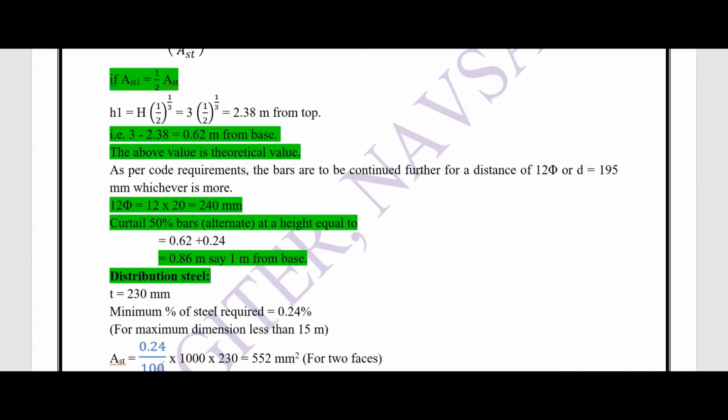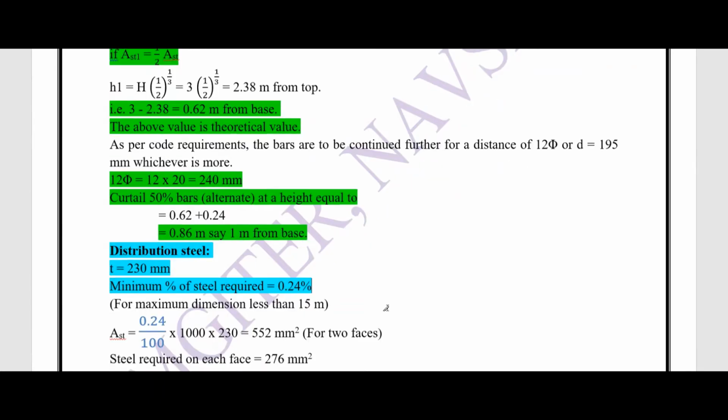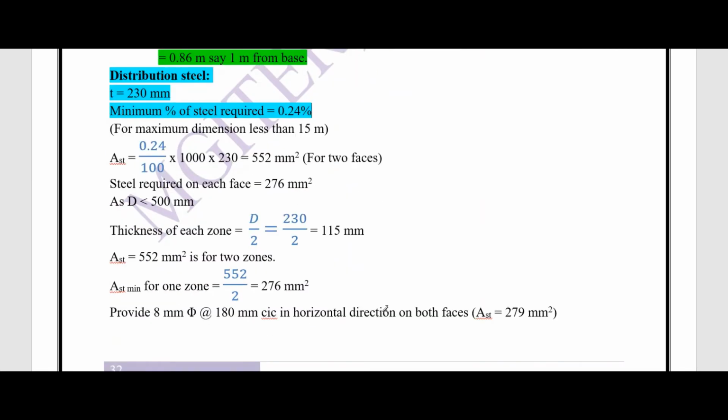For the distribution steel, T is equal to 230. So minimum percentage of steel required is 0.24 percent. So 552 mm square is the distribution steel.